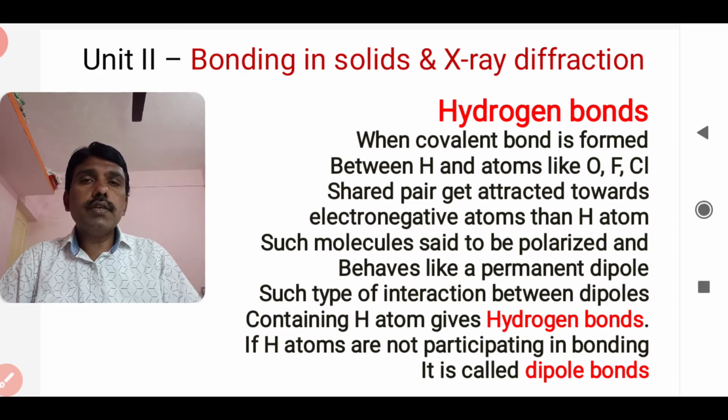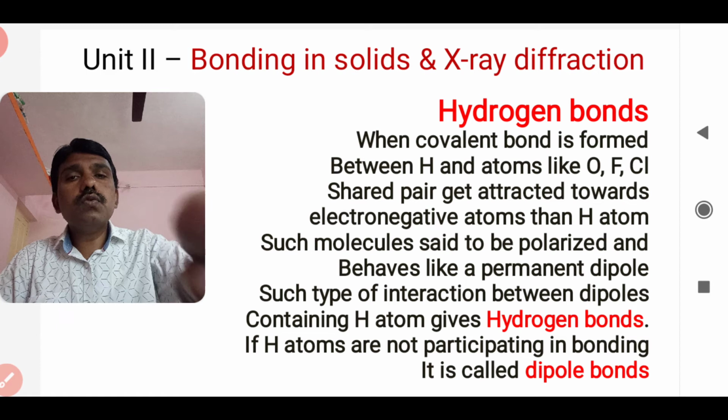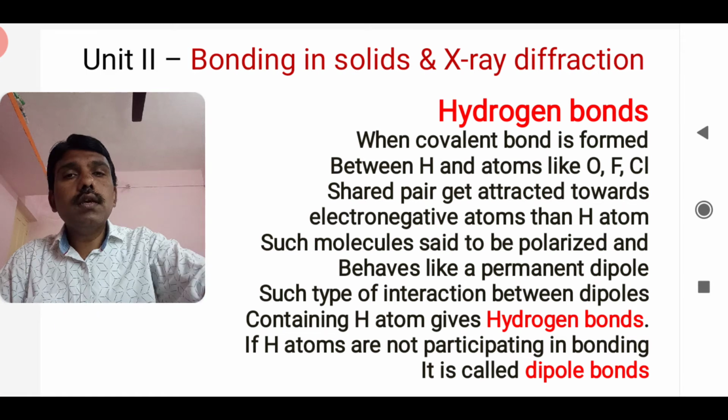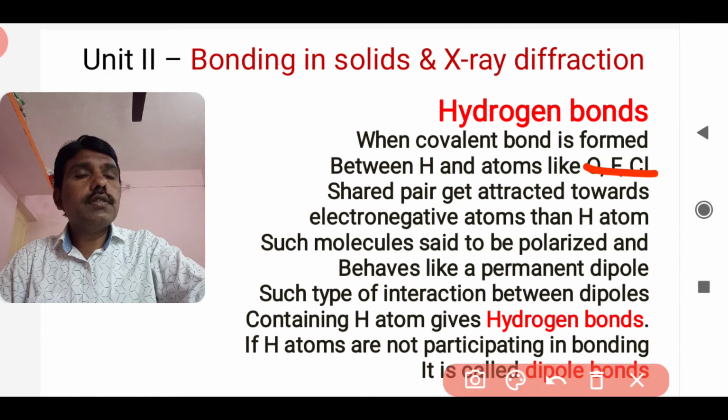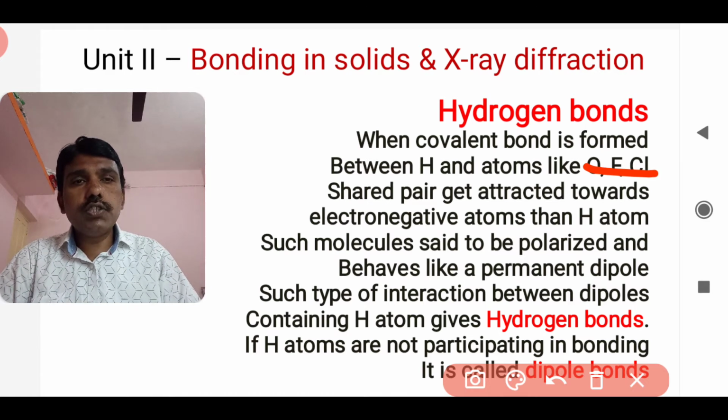When it is called H2O, two covalent bonds are formed between them, between hydrogen and oxygen, the other atom. Similarly, if we take fluorine and chlorine in the same way, the shared pair gets attached towards the electronegative atoms.